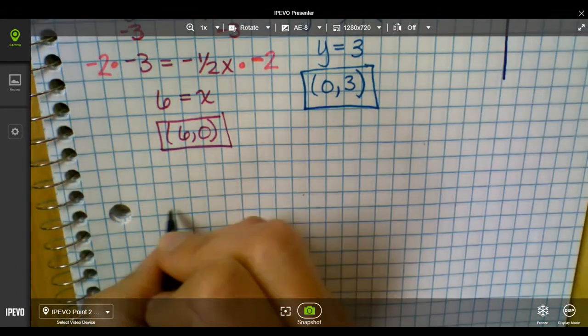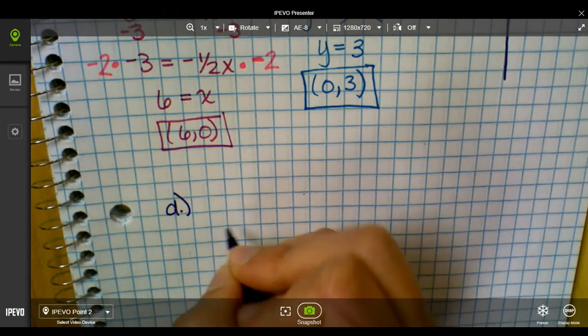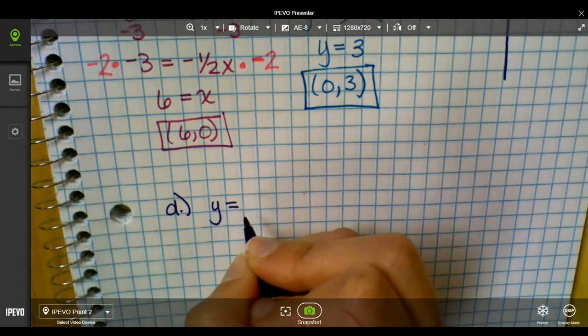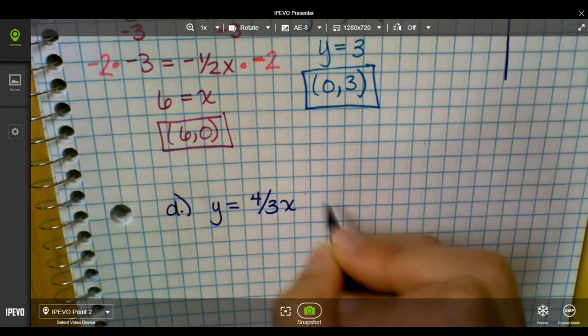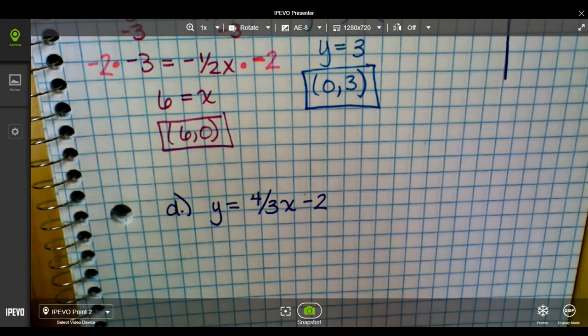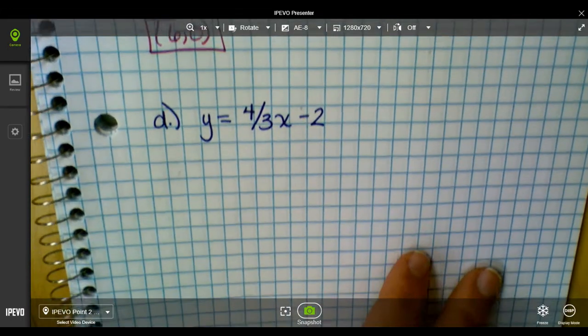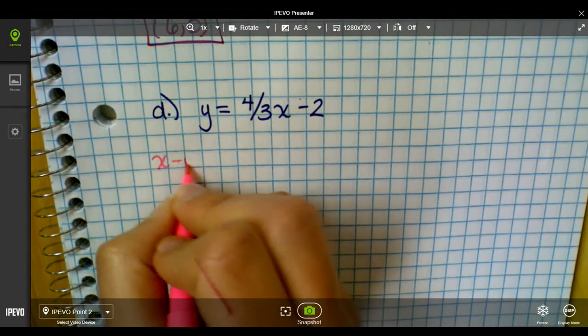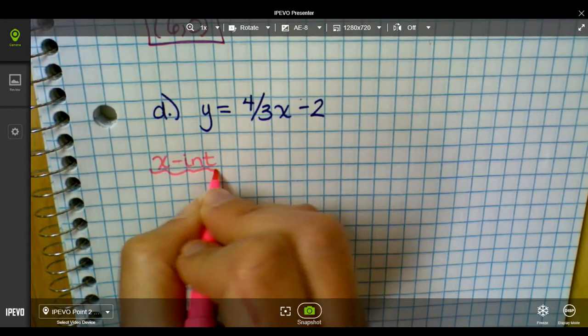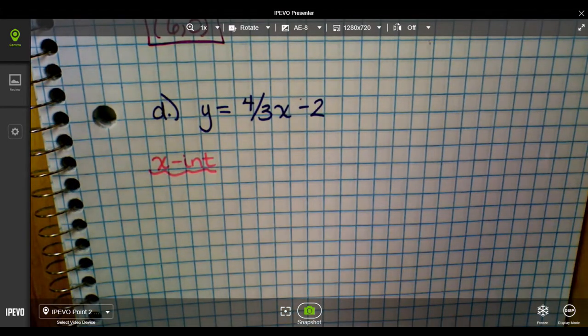And then we'll just do one last one over here. So y equals 4 over 3x minus 2. Again, we're just going to graph by intercepts one last time. My x-intercept is when I plug in 0 for y and solve for x.